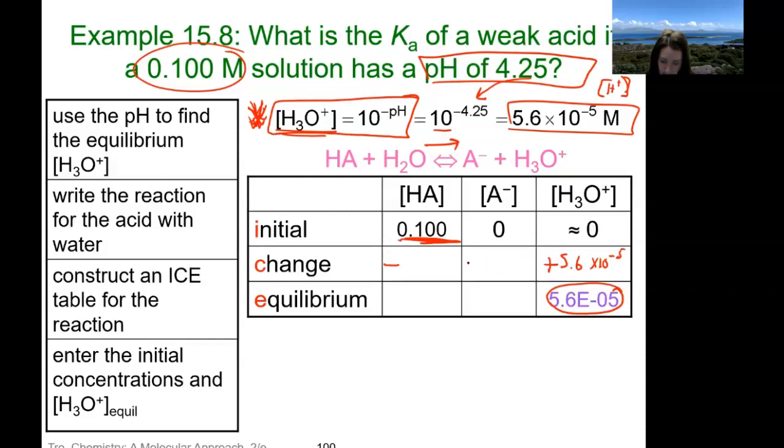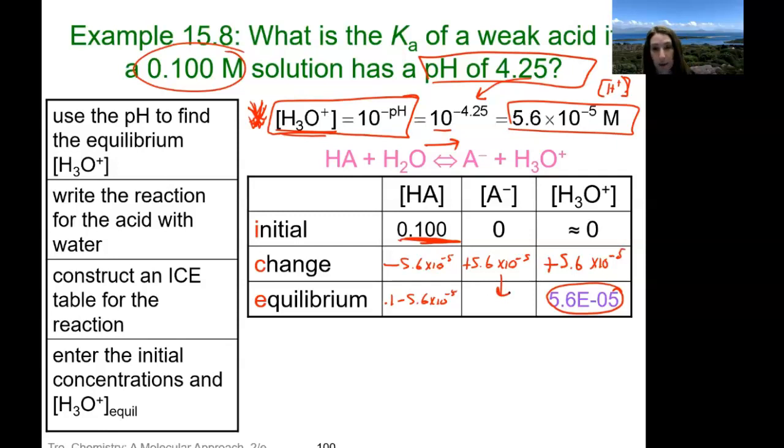See if I can write that a little neater. This is going to go down. So our change would be 0.1 minus 5.6 times 10 to the negative 5. And this is just going to be this.